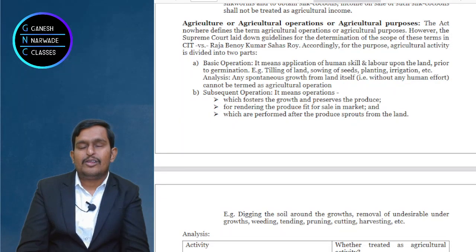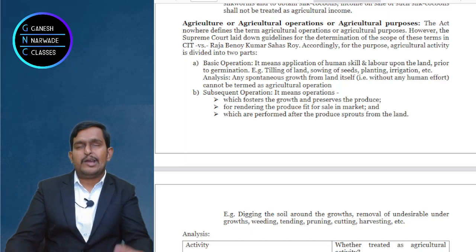Tilling of land, sowing of seeds, plantation and irrigation are basic operations. Till germination everything is a basic operation.